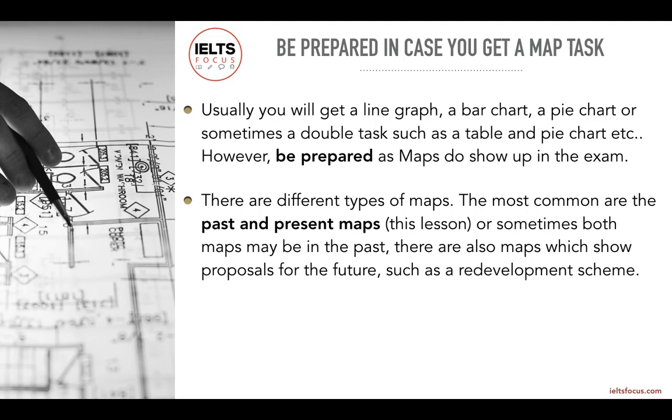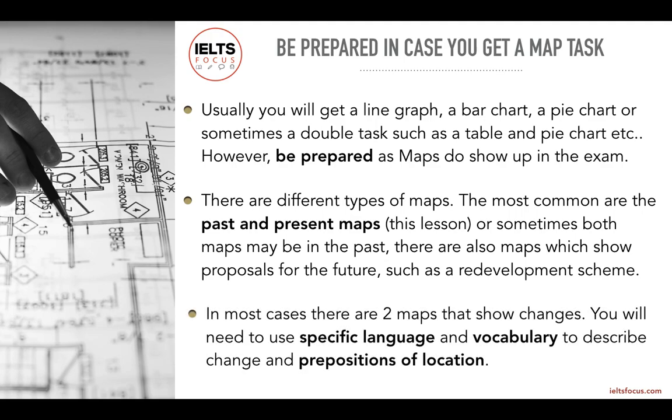And of course there's also floor plans. I've seen floor plans which are slightly different to maps. I mean, it's a similar kind of language, but there are a few differences here and there. Now, in most cases, there are two maps that show changes. So you will need to use specific language and vocabulary to describe change, and you'll also need prepositions of location.